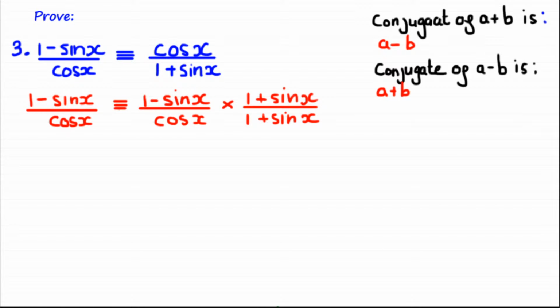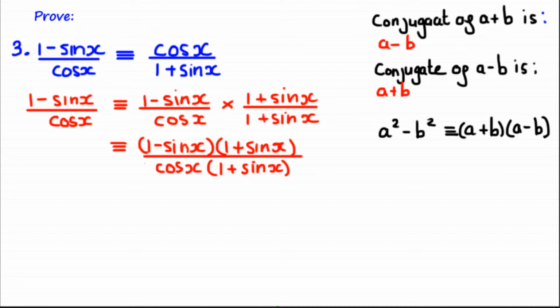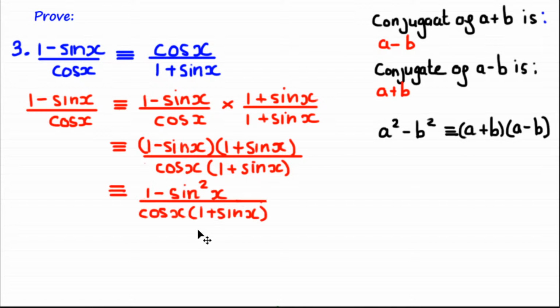Okay, so if we multiply by the conjugate, we'll get in the numerator, simply using the difference of two squares once again to quickly multiply this product, 1 minus sine squared x. If you haven't used difference of two squares to quickly multiply, it's very effective, and it's also effective for simplifying terms.